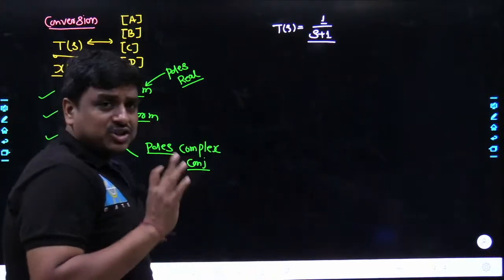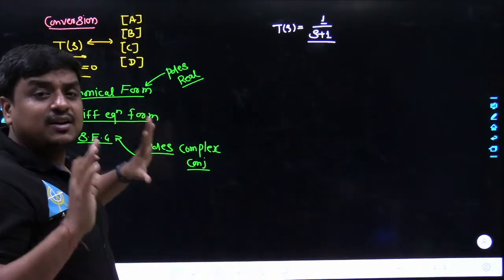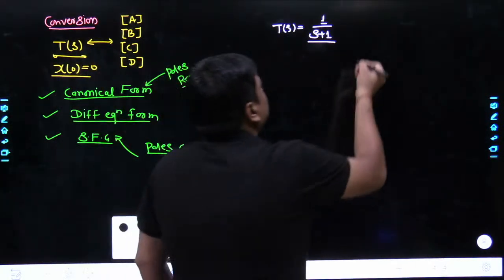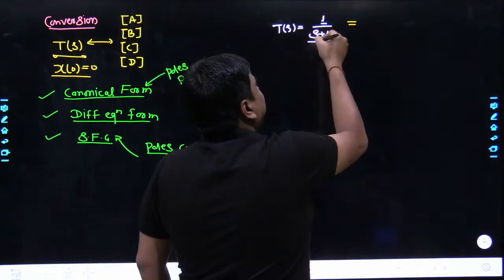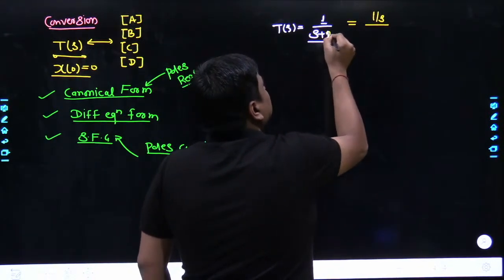So the approach which we use: first I convert the given transfer function into the standard negative feedback system. How is it possible? It's quite easy. I would take S common from the denominator. The factor which would be left out, you can change it to 2.